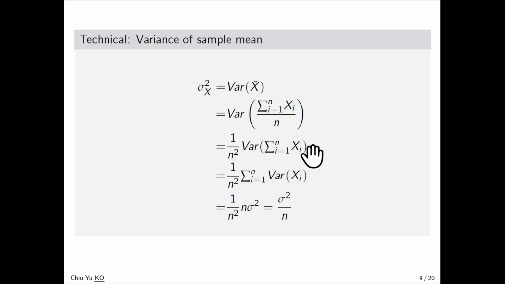Independent means the summations are taken out because the covariances are all 0. And the variance of each of them is sigma squared, because they are a simple random sample. And there are n of them, so the n here and the n squared cancel out. So that's why we have sigma squared over n. So that is the variance of the sample mean for a simple random sample.